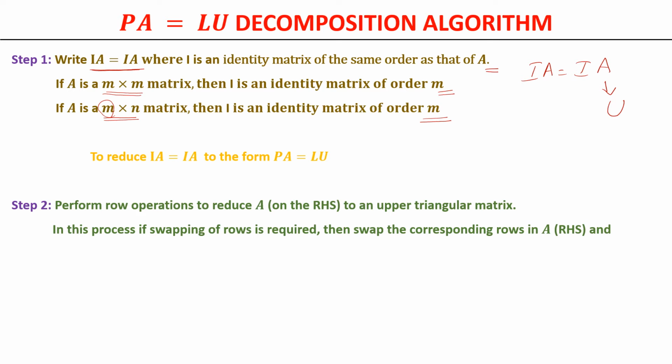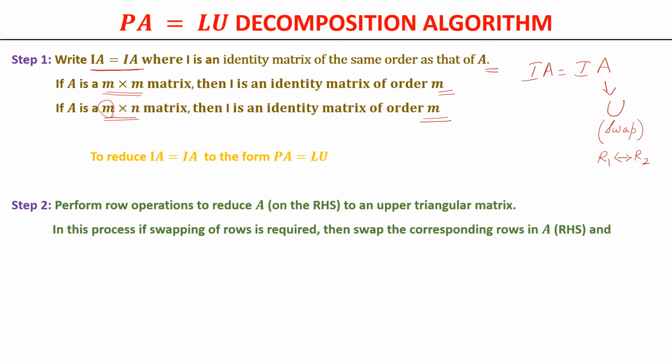Now in order to reduce it, this may require swapping of rows. Whenever there is a requirement of swapping of rows, say for example, I am swapping the first row with the second row, then the swapping has to be done in two places.